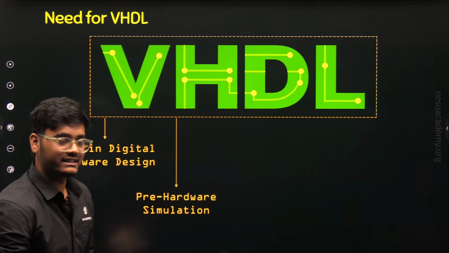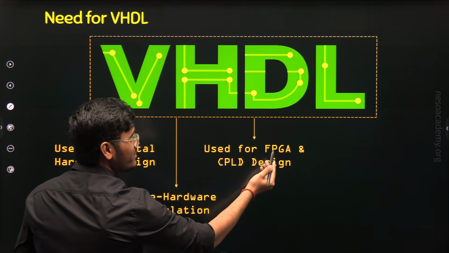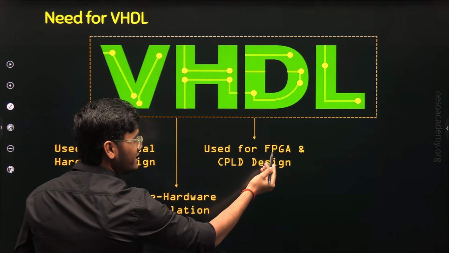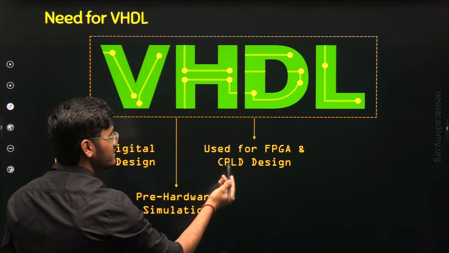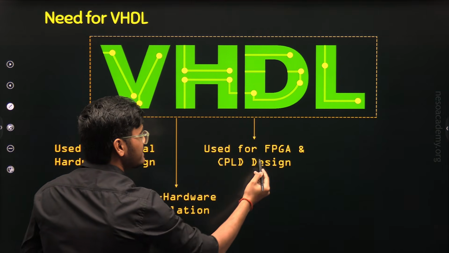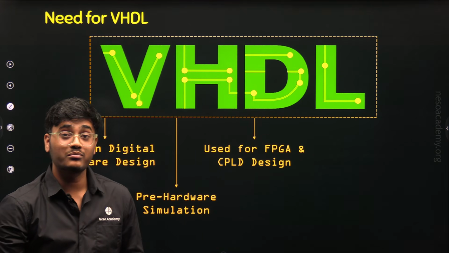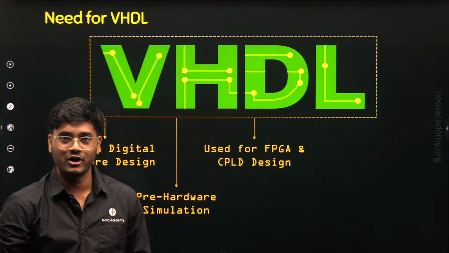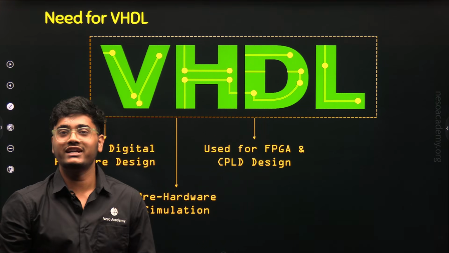And after the code is written, the same code can be used for field programmable gate arrays, which is FPGA, and complex programmable logic devices, which is CPLD. Now, using these devices, engineers can implement custom digital designs without manufacturing a new chip because FPGAs and CPLDs are reprogrammable devices.